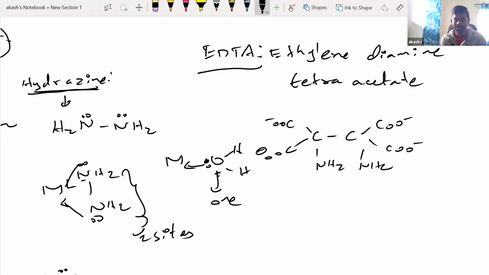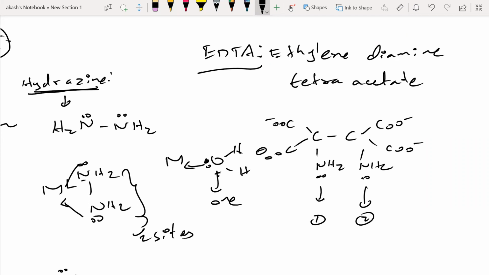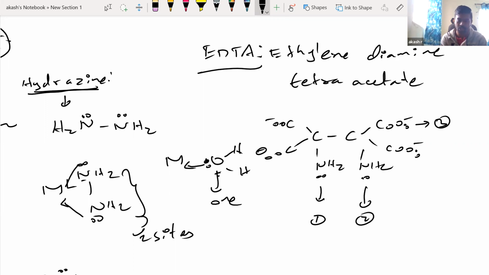Ethylene diamine tetraacetate. Now if you look at this, how many donor atom sites can we have? This nitrogen has a lone pair, this nitrogen has a lone pair, so that is donor sites 1 and 2. It is going to have 6 donor sites. This oxygen has a lone pair, third one. This oxygen also has a lone pair, fourth one. This oxygen atom has a lone pair, fifth one.